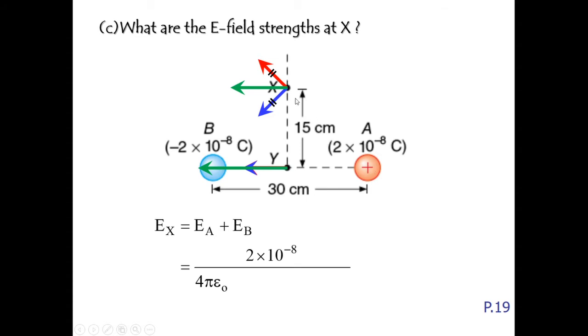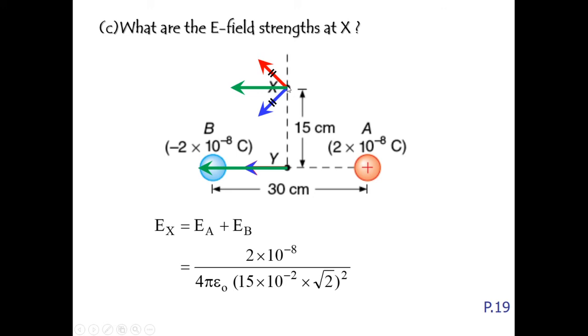So the hypotenuse should be root 2 times the height of the triangle. So it is equal to 15 cm times root 2, and don't forget to take the square of the distance. This expression gives the magnitude of the electric field at X due to the charge at A.